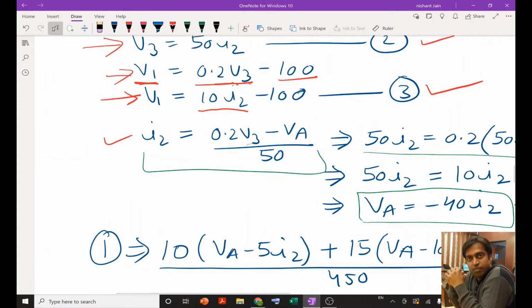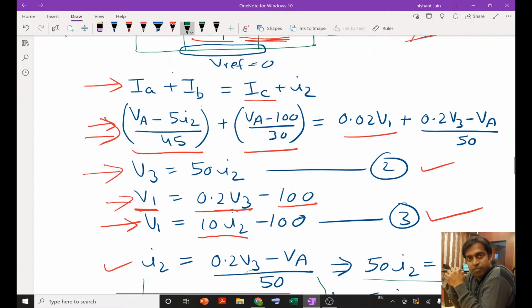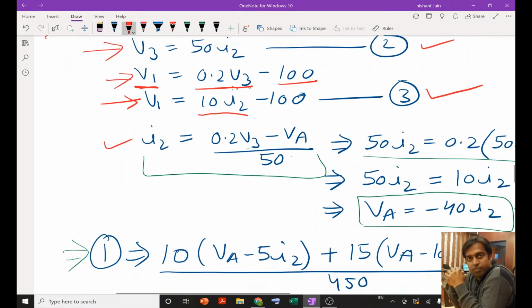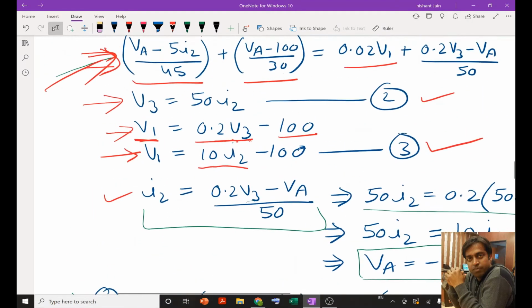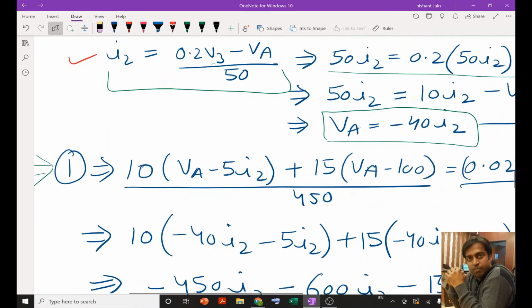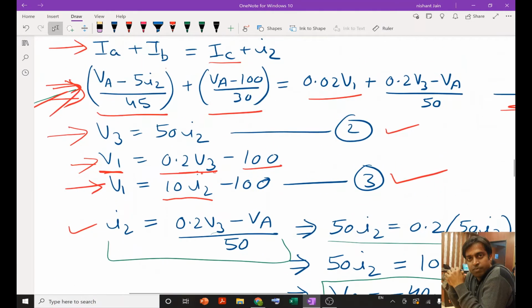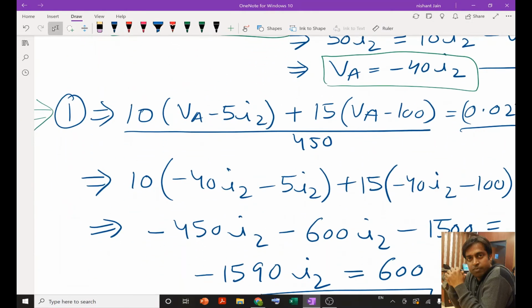Now substituting the values in equation 1, this equation can be rewritten. Here we have VA, V1 and V3. We can substitute the value of VA with the expression in terms of I2, so I replace VA with this.